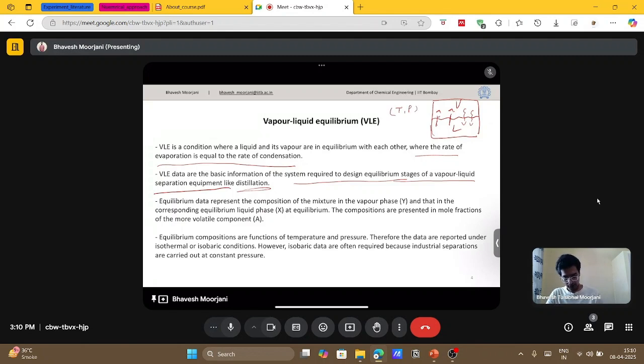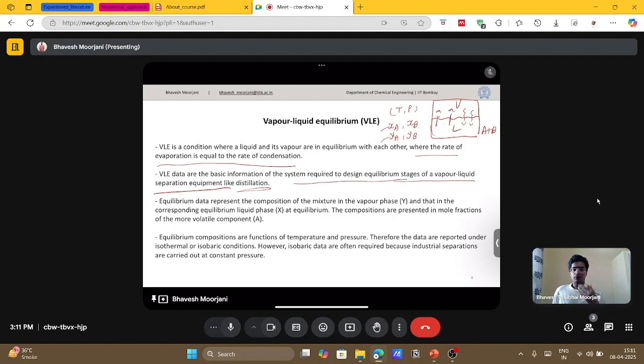Here we know the composition. I have a mixture A plus B. I will know the composition of the liquid phase, let's call it XA, XB. Similarly, the composition of A and B in the vapor phase, that is YA and YB. So at a given temperature and pressure, we have the composition of the liquid phase and the vapor phase. So this is one data point.